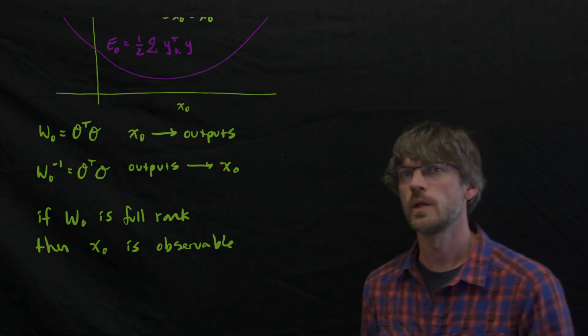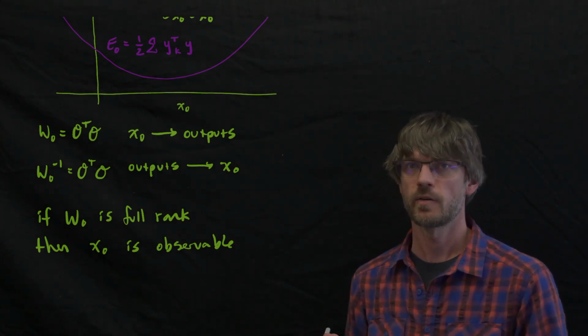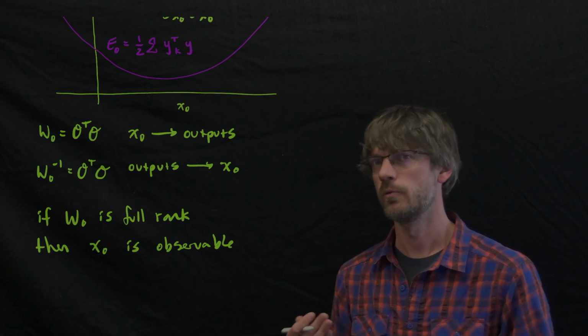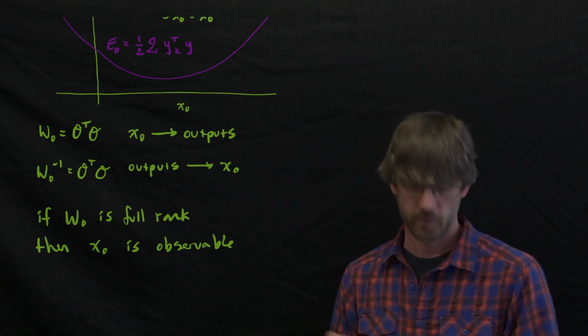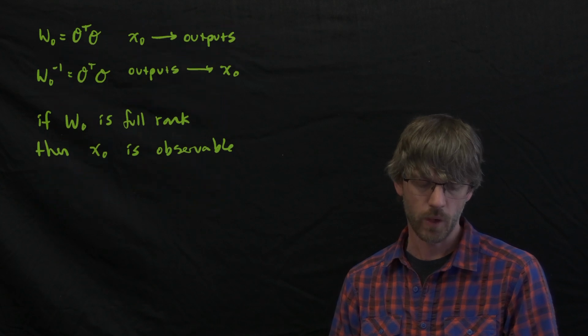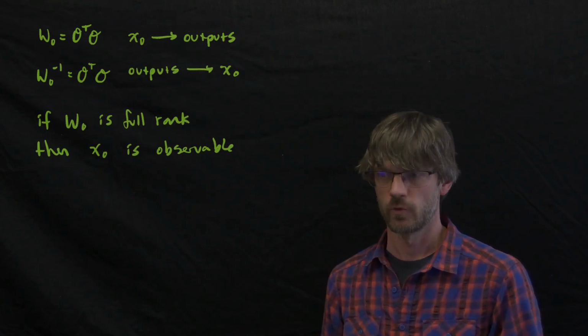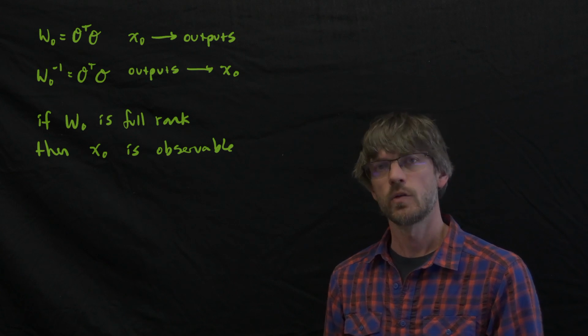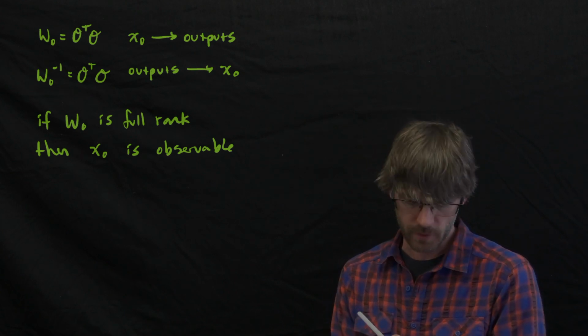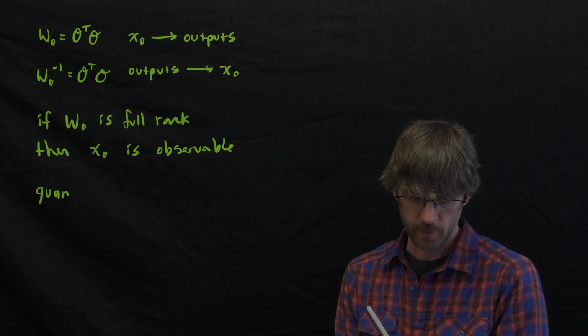But we'd like to do a little bit better than just saying whether or not it's possible. We'd like to know how feasible is it really. So we'd want to quantify the challenge of actually inverting that observability Gramian. So we can use two different quantitative metrics that are commonly used to assess that.